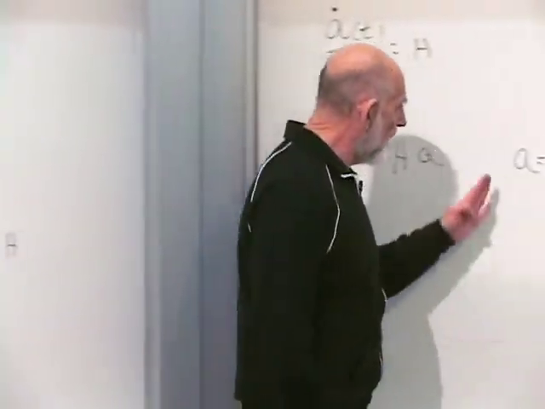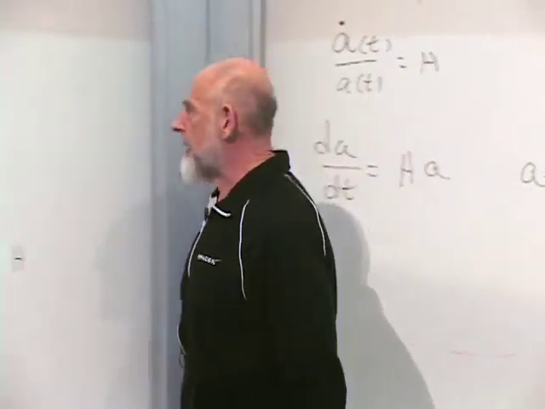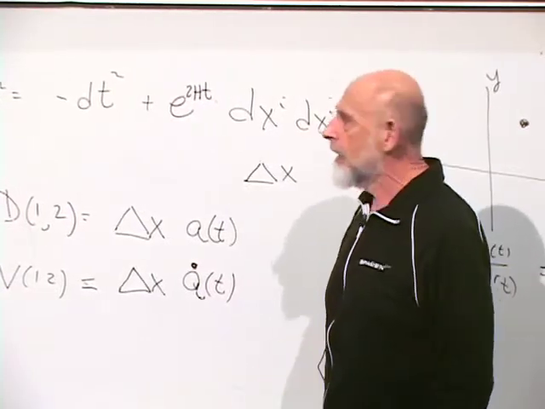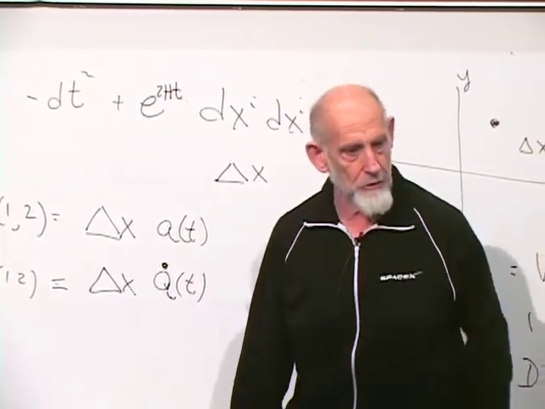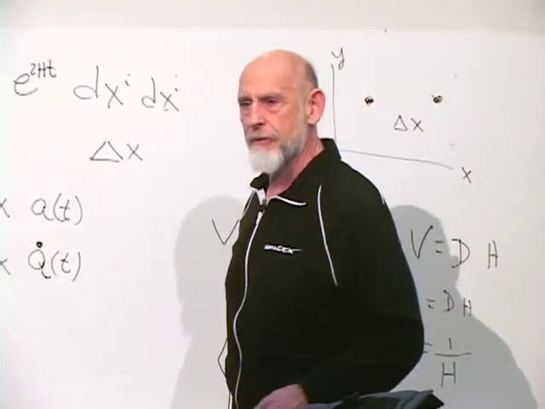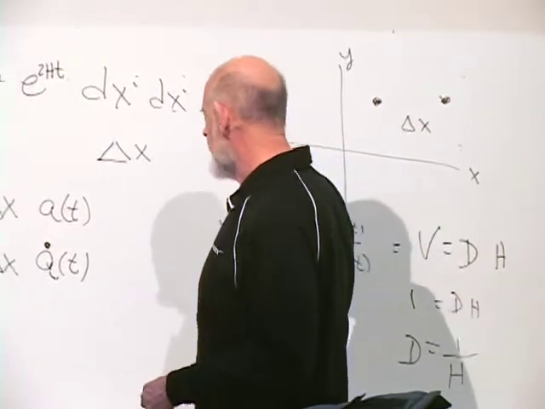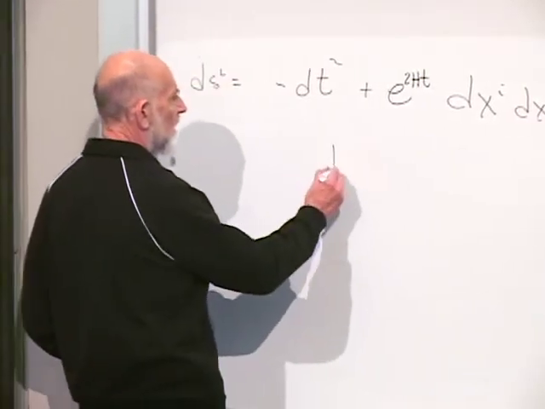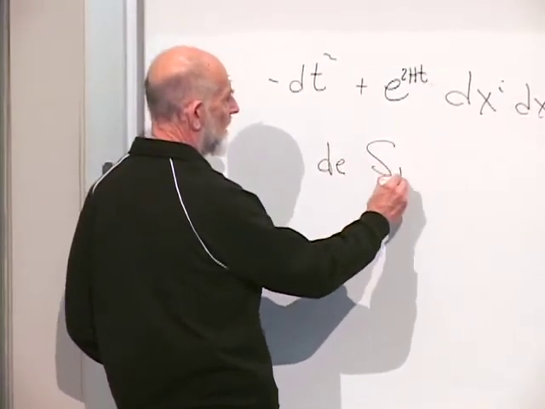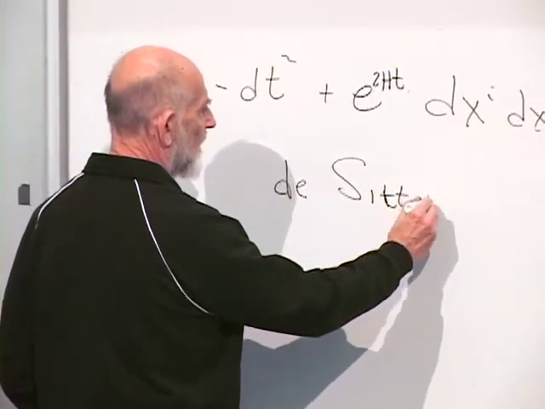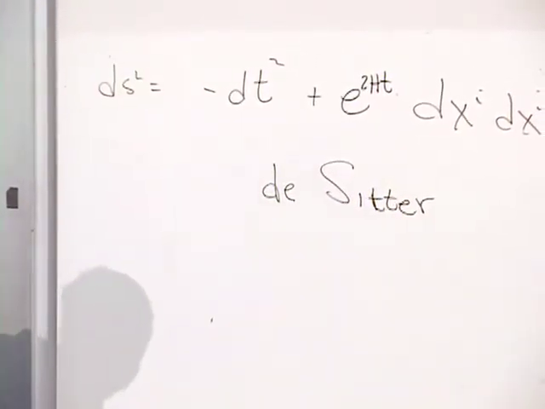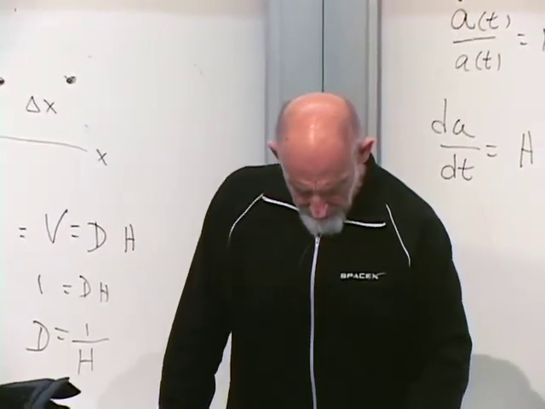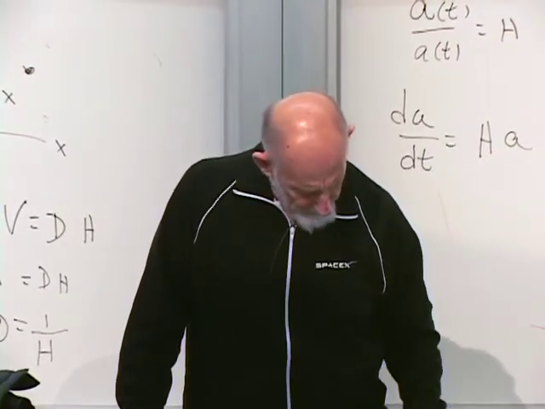This space has a name, it's called a de Sitter space, after the mathematical astronomer and physicist who first discovered it, Willem de Sitter, a Dutchman. It's exponentially expanding.